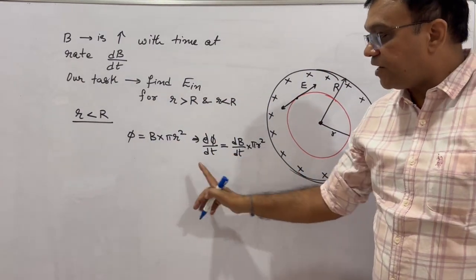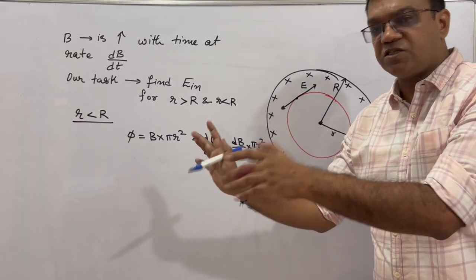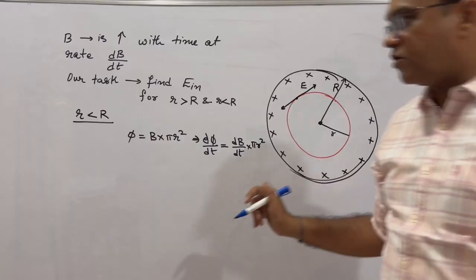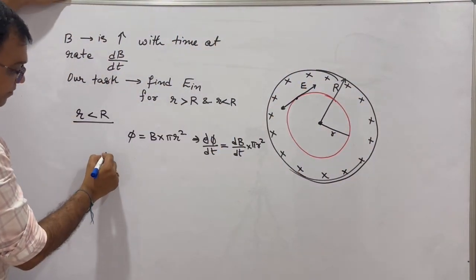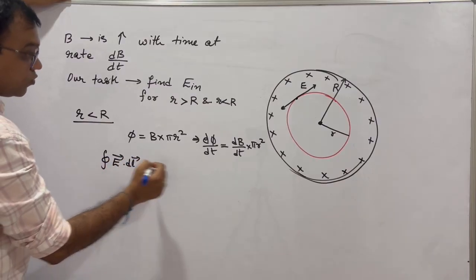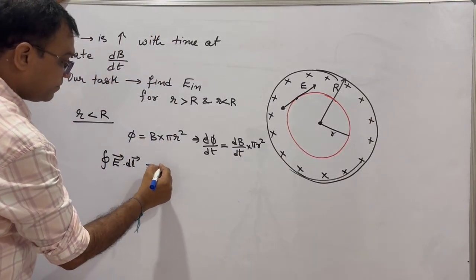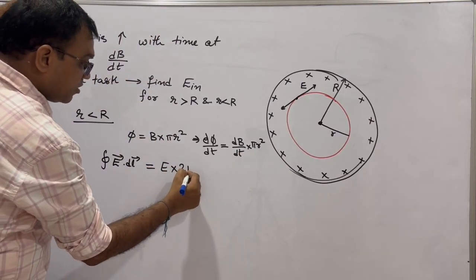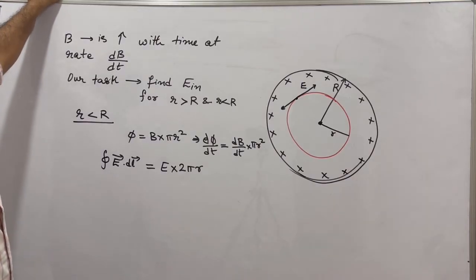That's why I won't write EMF equal to minus d phi by dt in the next line; I'll simply write d phi by dt only. If I find the closed integral of E dot dl over this loop, the electric field is along the tangential direction and the angle between the dl vector and E vector is 0, so it will come E into 2 pi r.